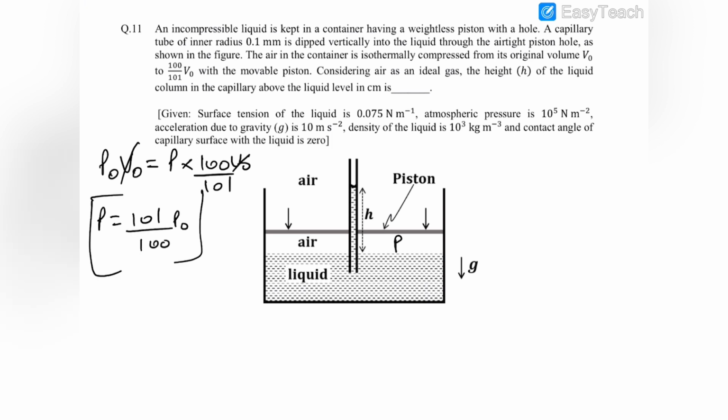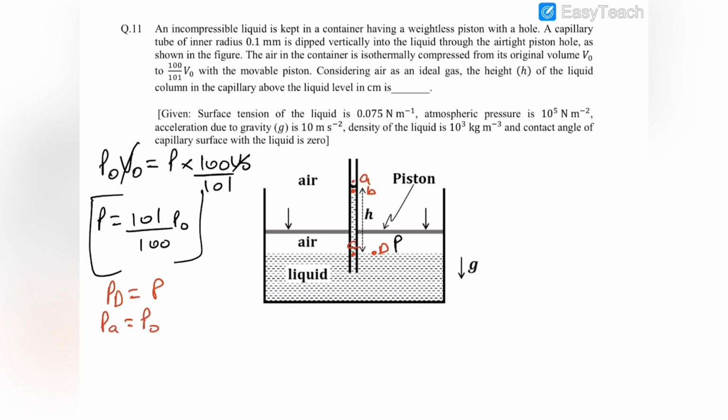Now let us mark some points: this is point A and this is point B just inside the meniscus, and this is point C and this is point D. So we know that point D has a pressure of P and point A has a pressure of P0.